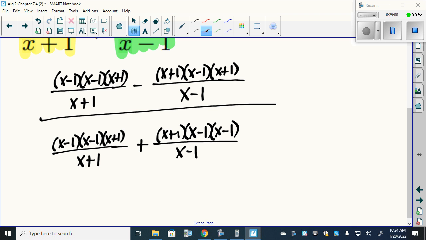Simplifying. So here, the x plus 1 cancel. Here, x minus 1, and x minus 1.